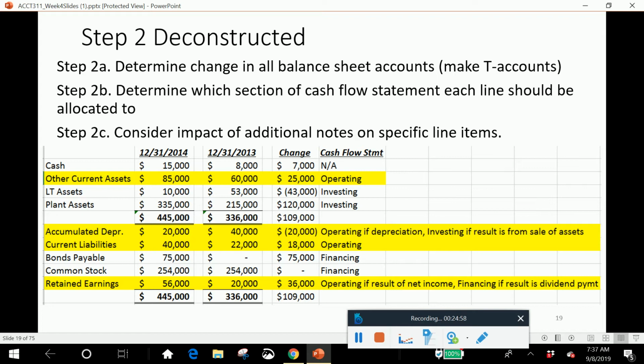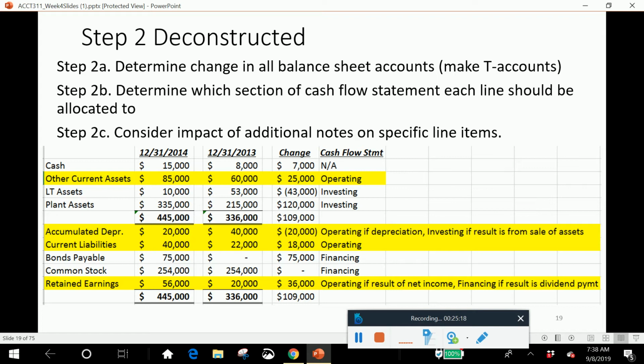So what my recommendation is to take the balance sheet, and to first show the change year over year. And then my recommendation is to specify which section of the cash flow statement you think that the item is going to go into.